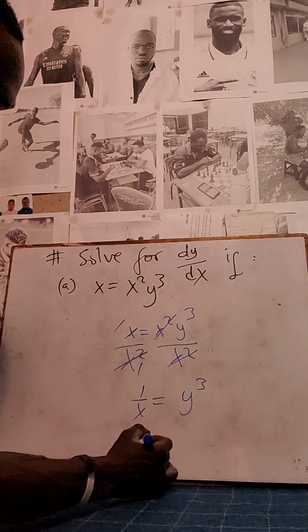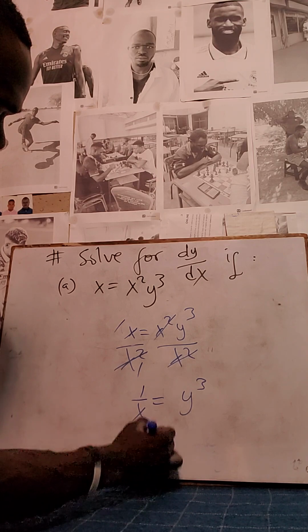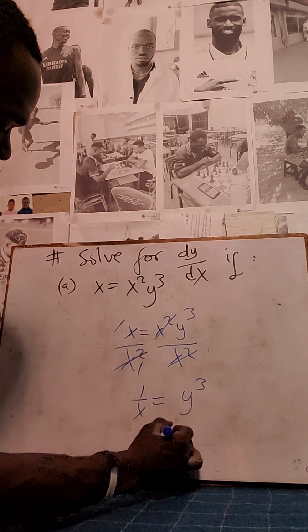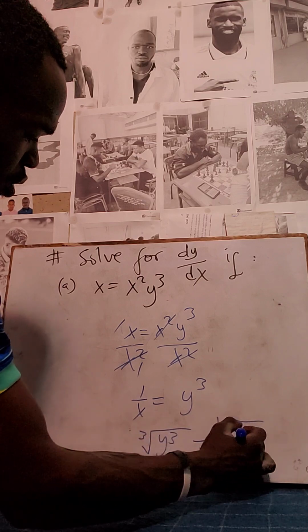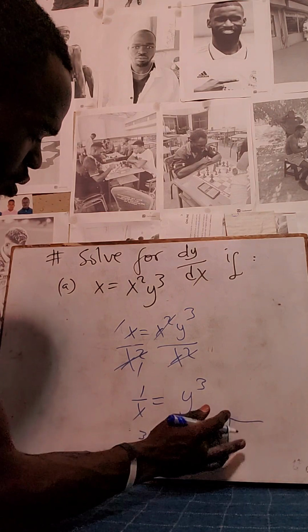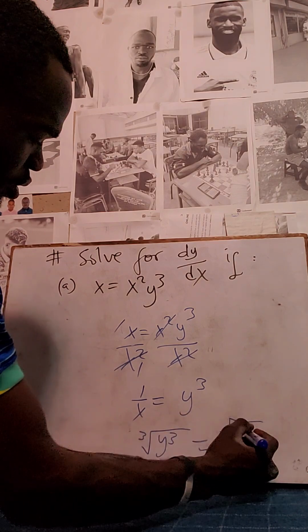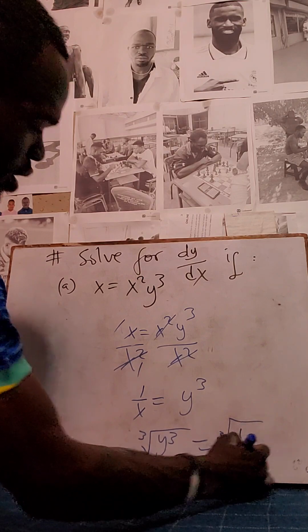Then from there, you take the cube root of y, and the cube root of 1 over x.